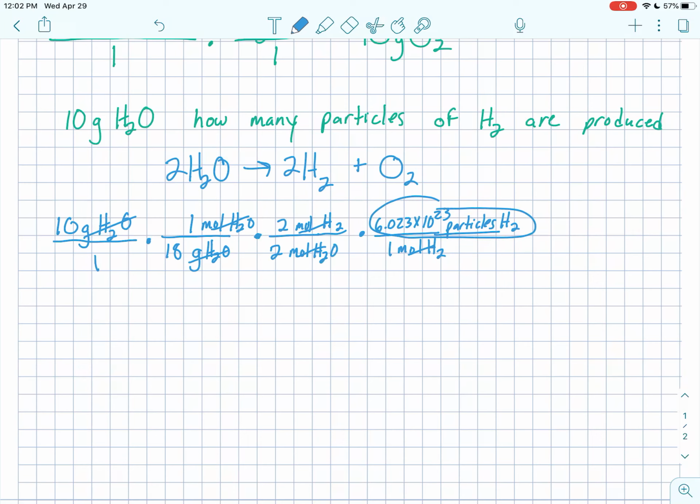And then that is how I get my answer. Once again, we're going to plug it into our calculator. And if I punched it in correctly, I get 3.35 times 10 to the 23rd particles of hydrogen.